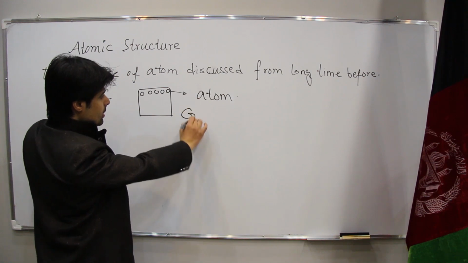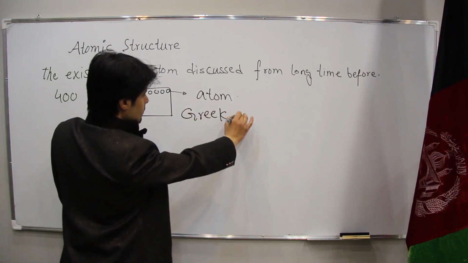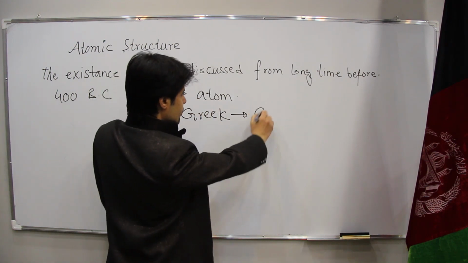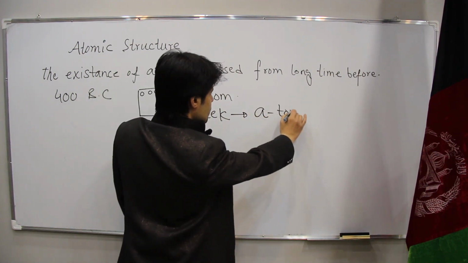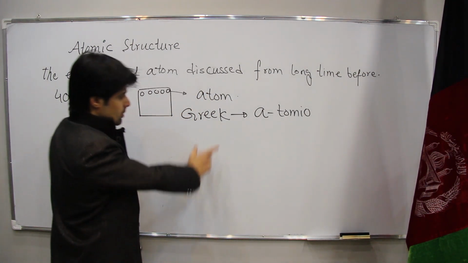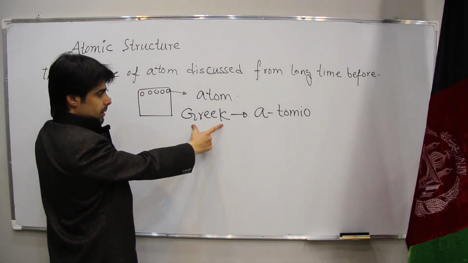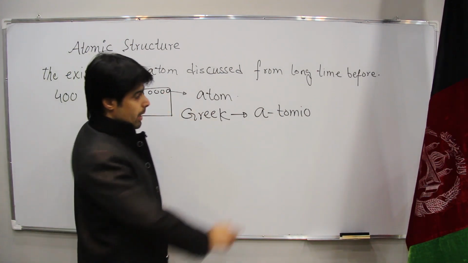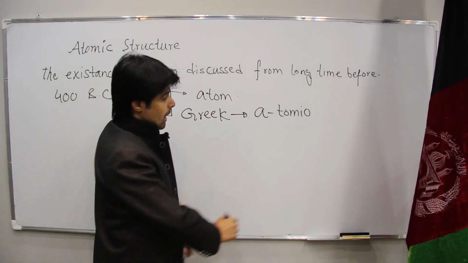The Greek scientists said that atom is taken from a word, atomio. For the first time, they defined the small particle by the name of atomio.